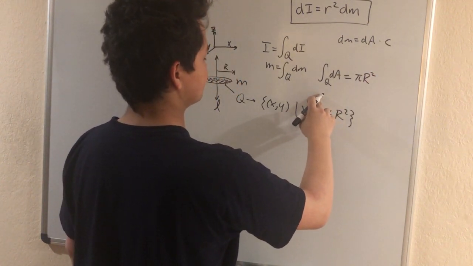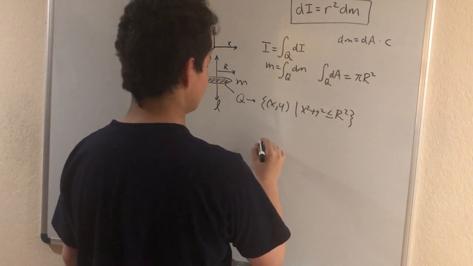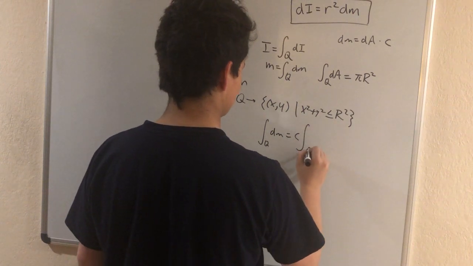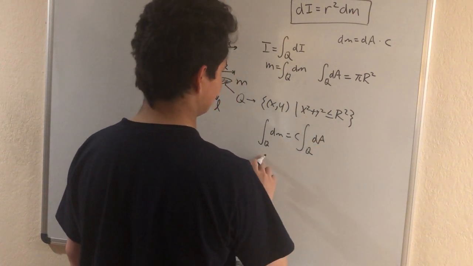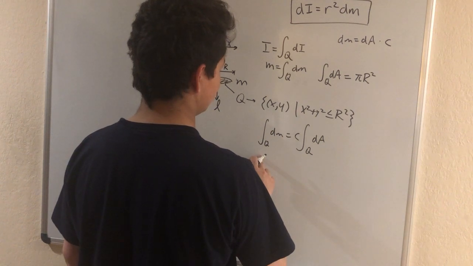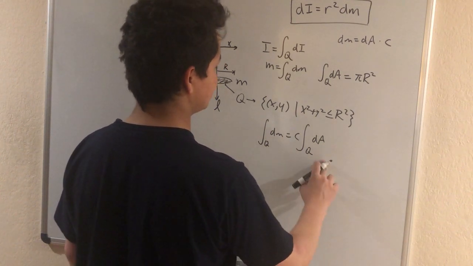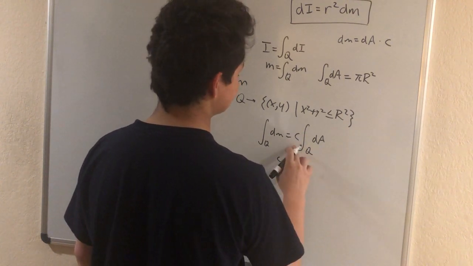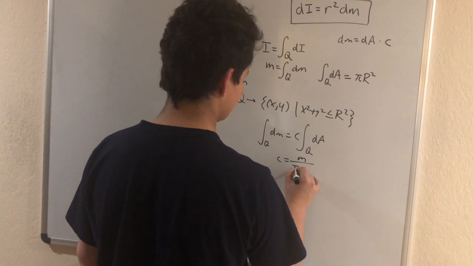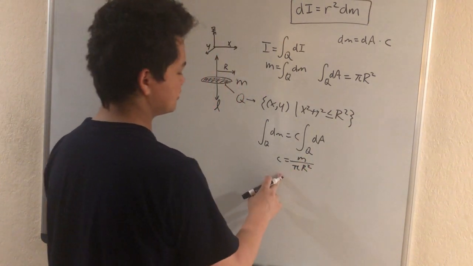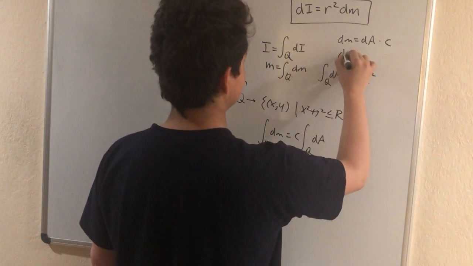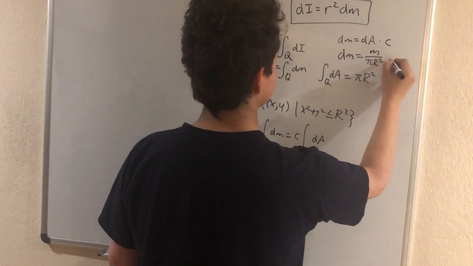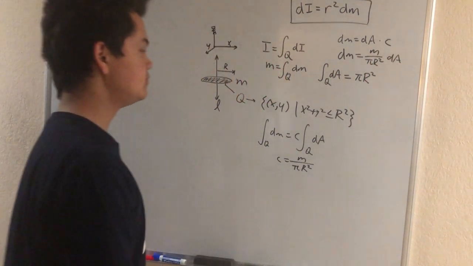Therefore, if we integrate both sides of this equation, we get this, which, if we replace this with m and this with pi r squared, and then solve for c, we get m over pi r squared. So therefore we found that dm equals m over pi r squared, constant, times dA. All right.